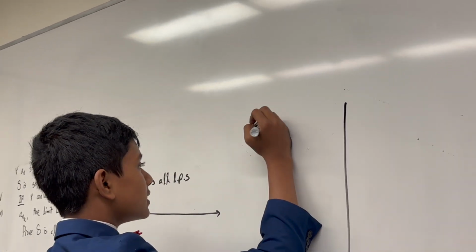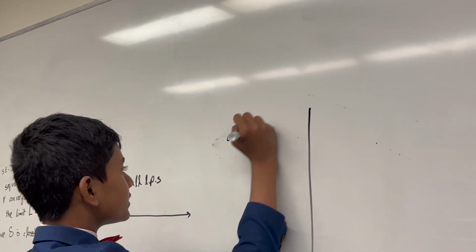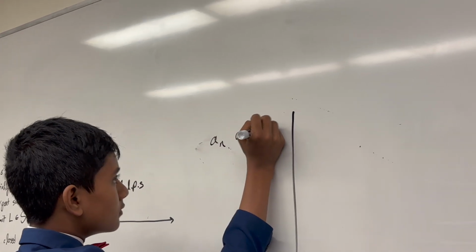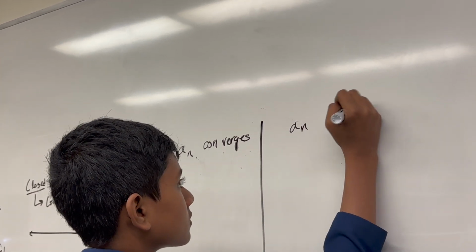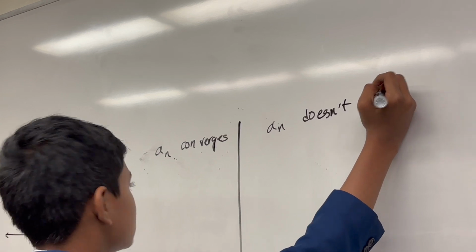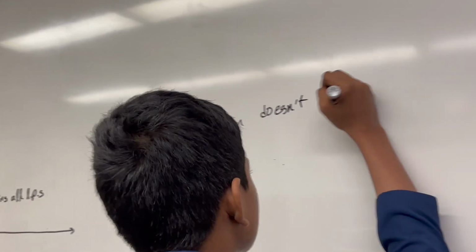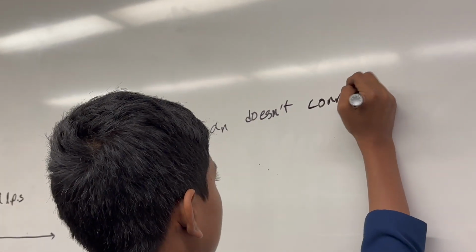Either our sequence a_n converges, or it does not, in which case a sub n sub k will converge for some n sub k.